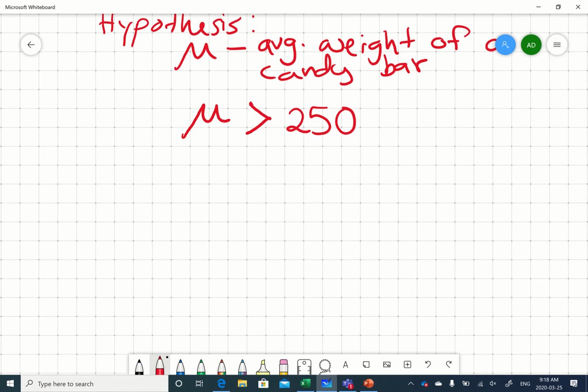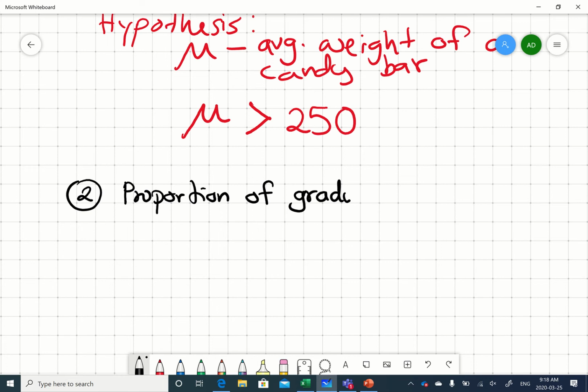To give you another example, let's say the proportion of graduates, or we can say the rate of graduates, in college A. Let me add something more.